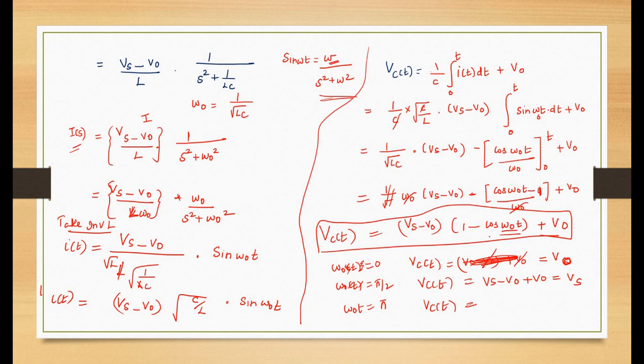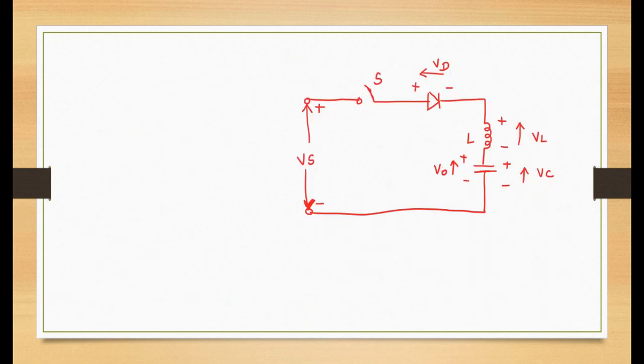So 1 minus of minus 1 is plus 1, 2 into Vs minus V0 plus V0. After simplifying the equation, we get 2Vs minus V0 minus 2V0 plus V0, that is 2Vs minus V0.